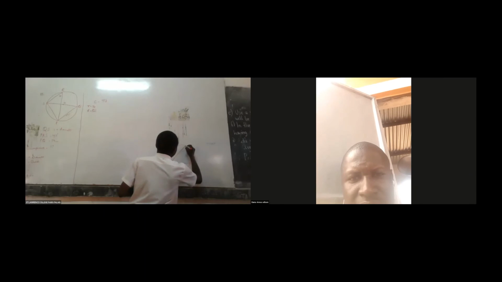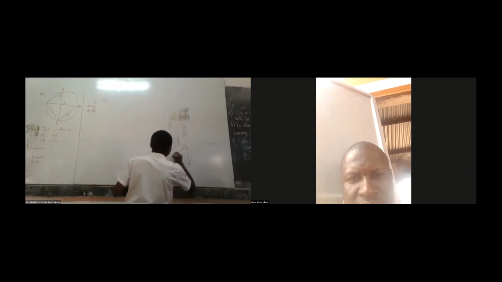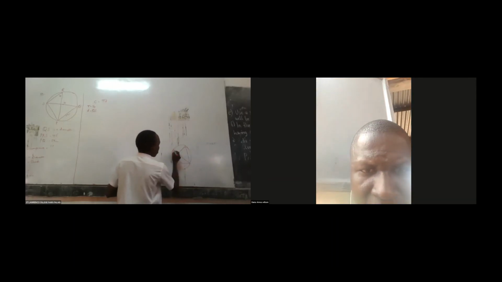But now from angle properties of a circle, we know that any chord subtends equal angles to the circumference. For example, if a chord has been given to me, like this, this angle is going to be equal to this angle.